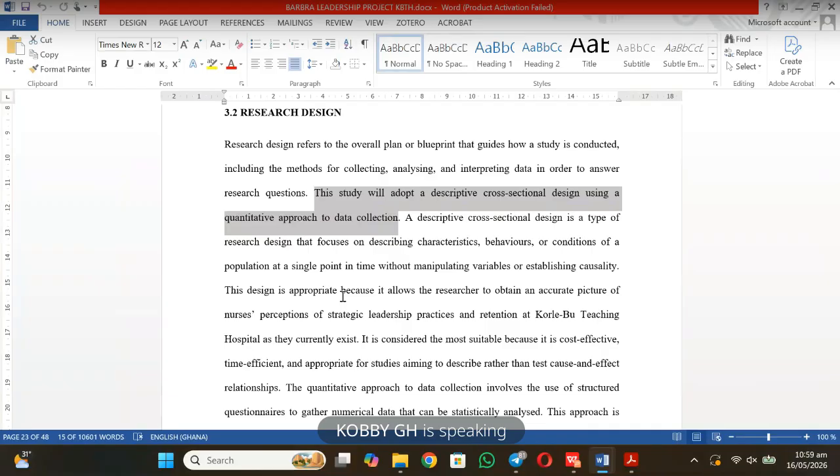You see how the sentence has been constructed. So for those of you who will be doing quantitative studies, this is how you are going to write it. The study would employ descriptive cross-sectional design using quantitative approach to data collection.